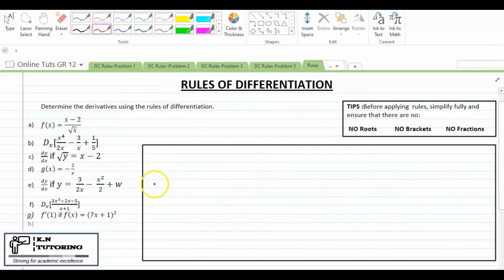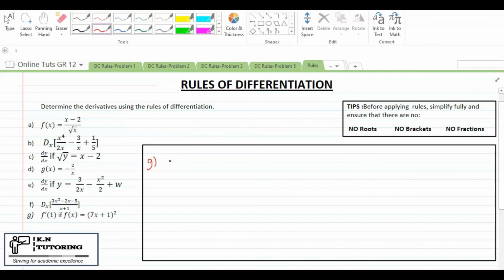Lastly, we look at G. It says determine f′(1) if f(x) = (7x + 1)². Before we get to f′(1), we must find the derivative first, because this is a combination of the concept of functional notation, which I covered in the first video of this topic, differential calculus.